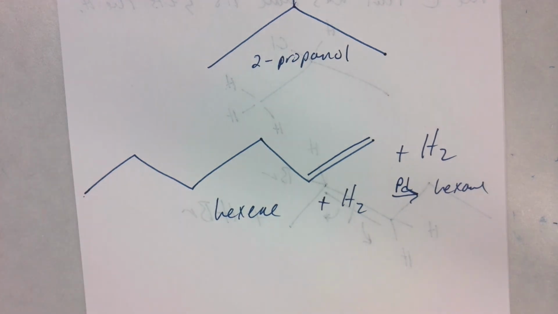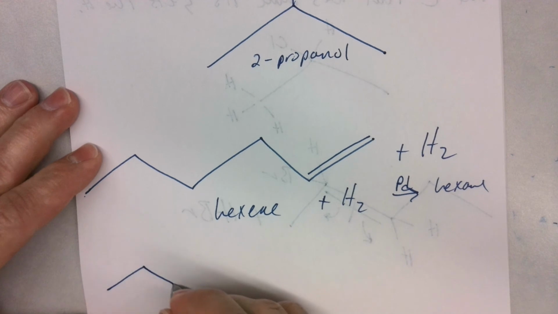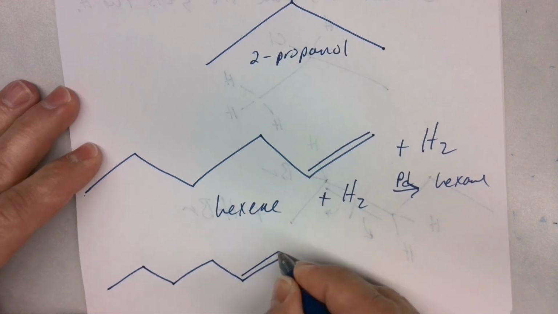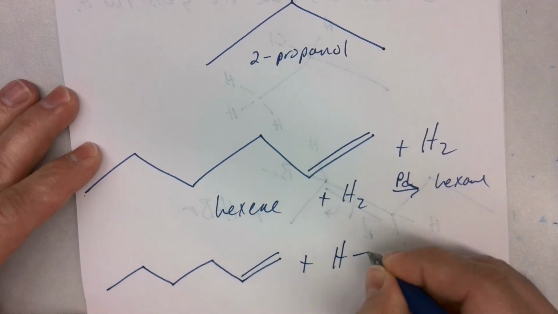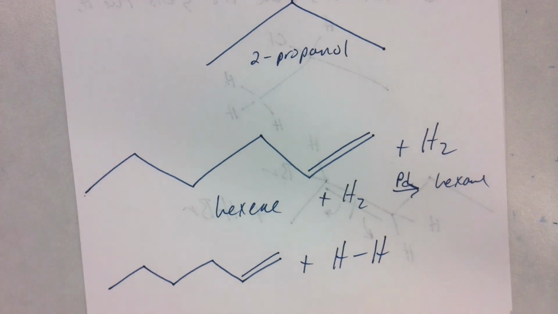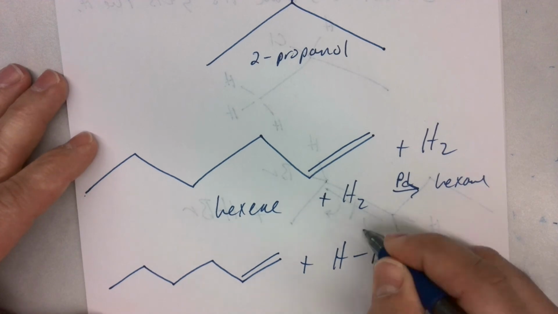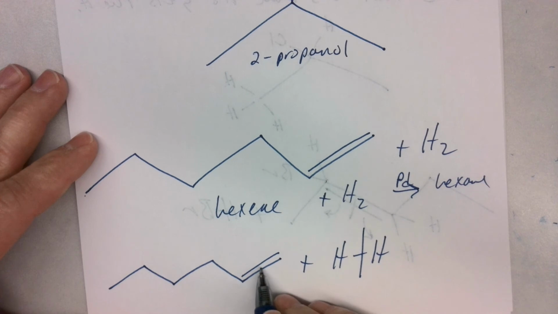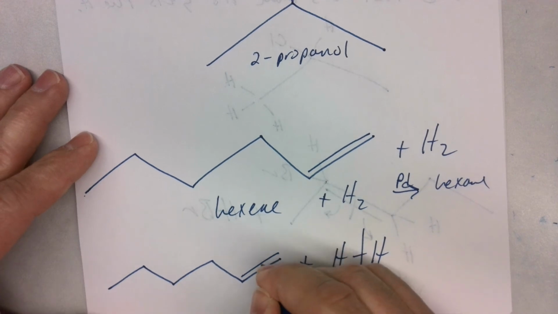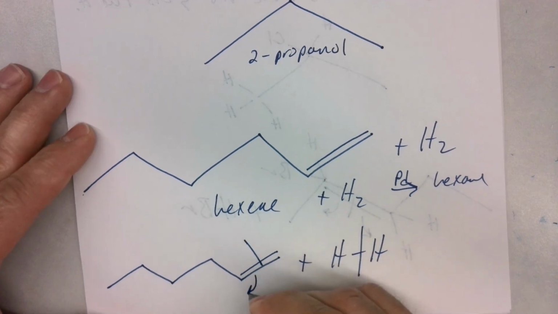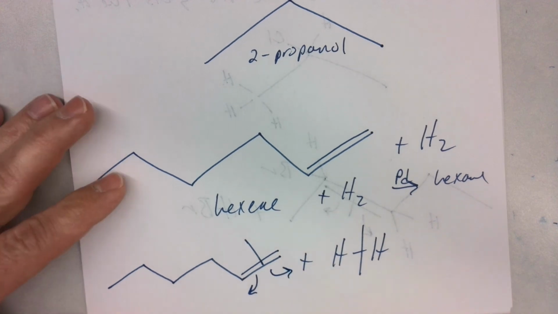Now, what you're going to have is this plus that. What's going to happen to that bond there? It's going to break. What's going to happen to my double bond there? It's going to break. Half of it's going to go there, the other half's going to go there, right?